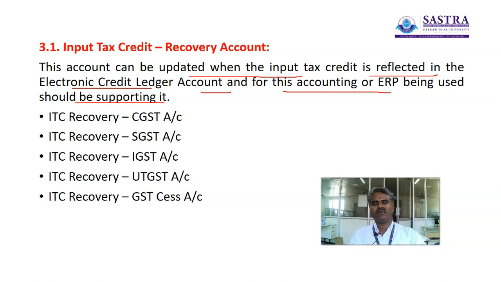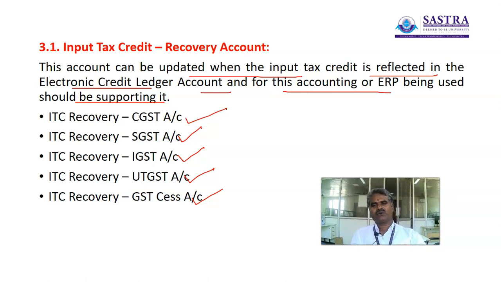So here you may recover ITC from CGST, SGST, IGST, UTGST and GST cess. You have to pass entries for all of them separately. When you claim recovery of ITC from SGST, CGST, IGST or UTGST, you have to pass entries separately and finally you have to settle them.